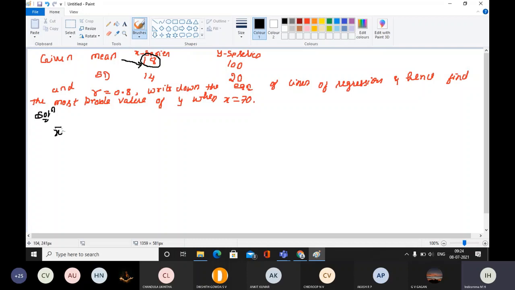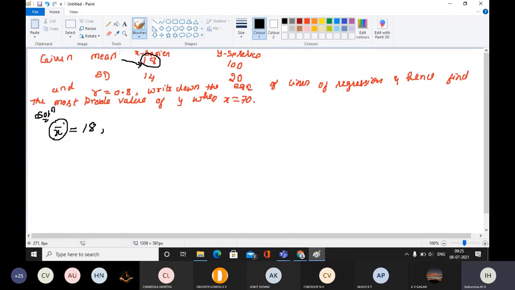What does x bar stand for? Summation of x by n. What is x bar? You tell me. X bar is nothing but the mean of the x series. X bar is the mean of the x series, that is given 18.